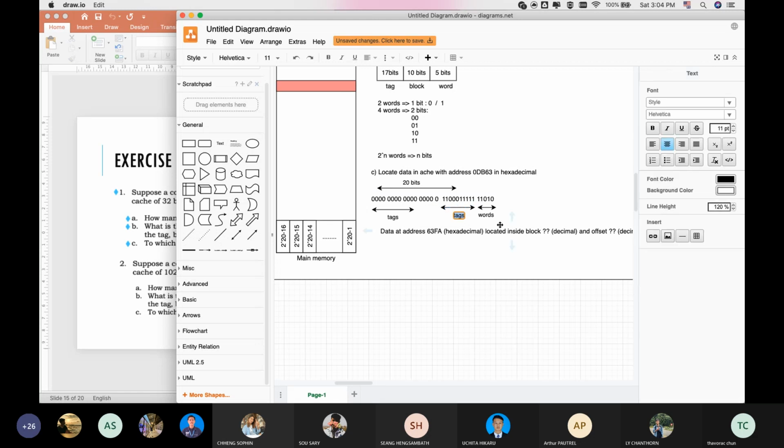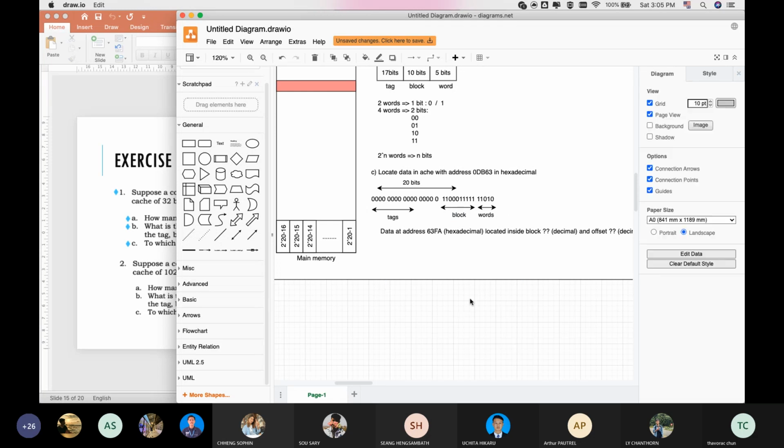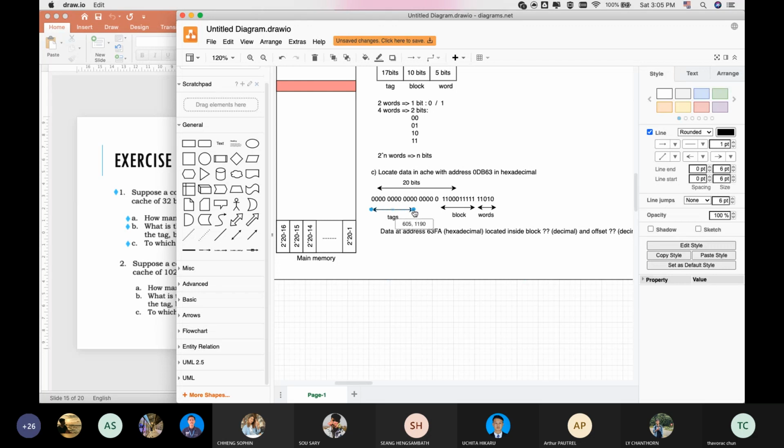Yeah. This will be the block. Yeah. And the remaining here should be the tag.